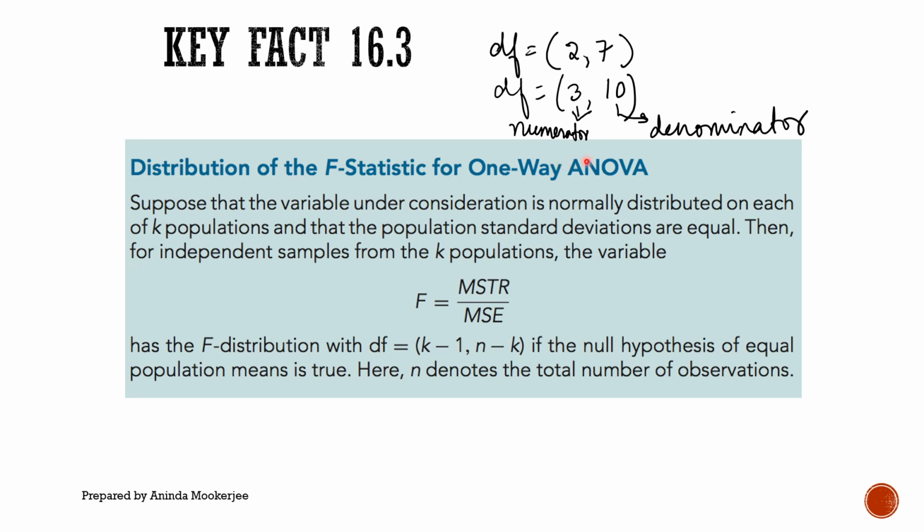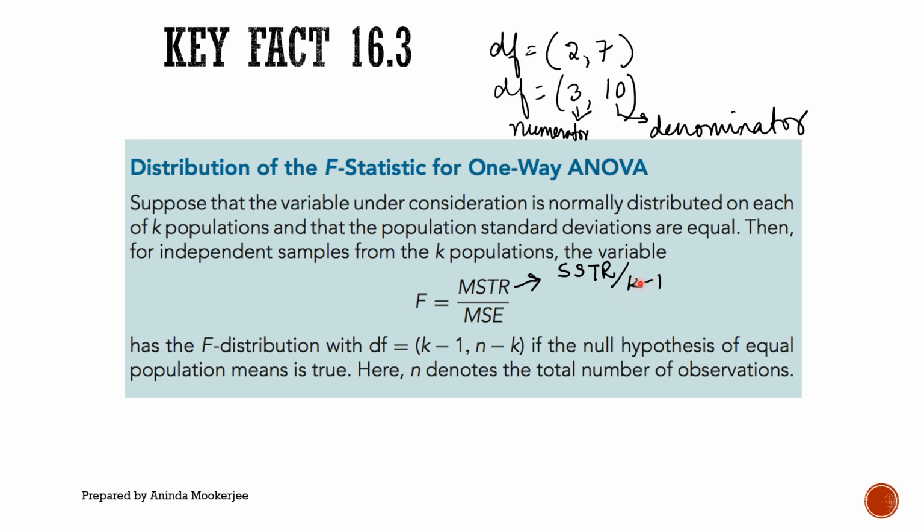What is the formula for the numerator parameter? It's k minus 1, which we used to find MSTR. If you recall, the formula for MSTR was SSTR divided by k minus 1. That was the DF.